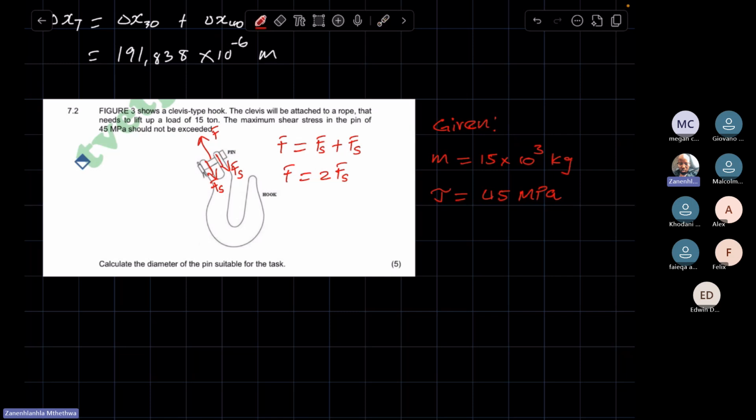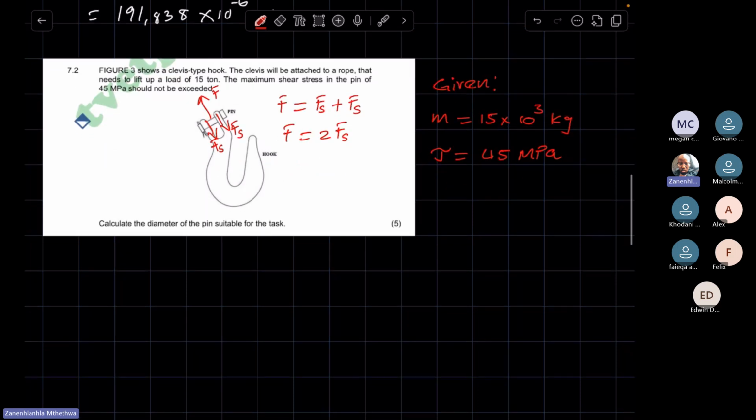Meaning that here the area of cut is equal to the cross sectional area. It just so happens in this case that the area of cut is equal to the pin's cross sectional area, because the cut would be along the pin's cross sectional area.